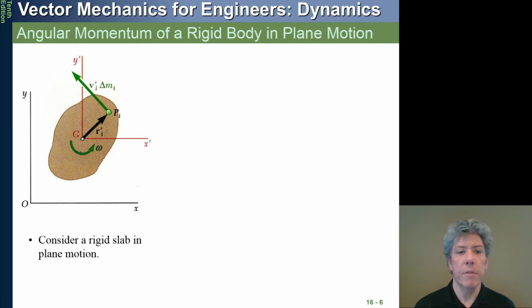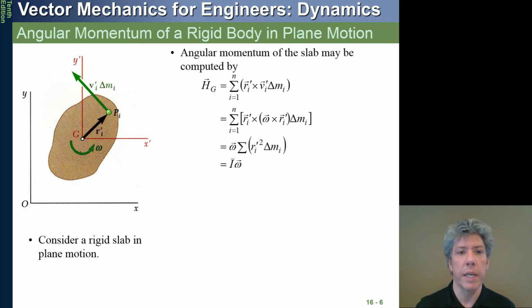Now, if you think about a rigid slab in plane motion, not in 3 dimensions, but just 2-dimensional motion, we've got a coordinate reference frame xy, and an x prime y prime coordinate as well. Notice that we put the x prime y prime centered on the center of gravity of the body, and for every single point in the body, we can look at the momentum of that point.